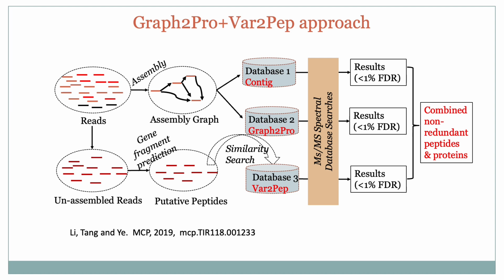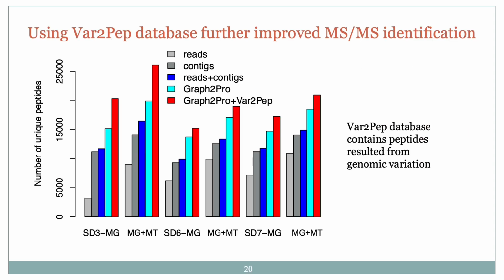By incorporating those variations in the genomic sequences, we show that we can further improve the identification of metaproteomics data.